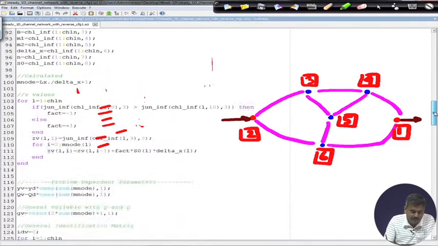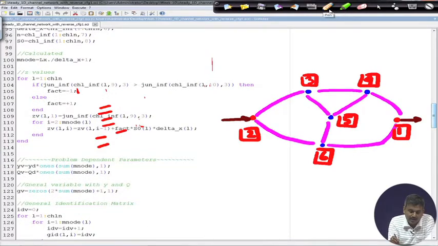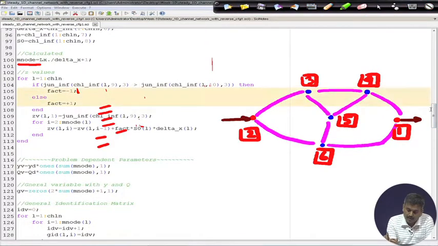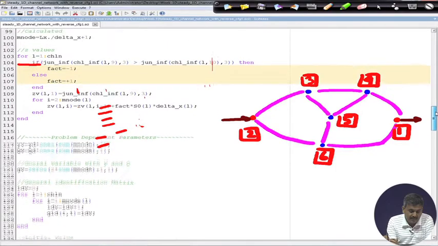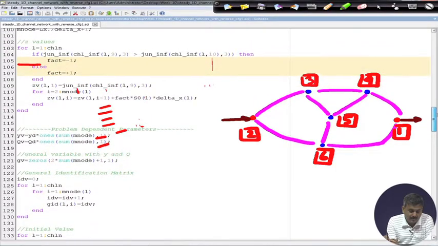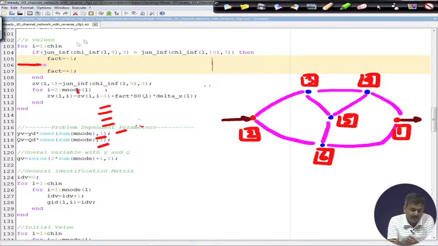Now, after transferring these values, I can calculate this M node. M node is Lx divided by delta Lx plus 1. So, number of segments plus 1. Now, in this case we need to calculate this Z values. This is important. We have 0 elevation at this junction point 1.